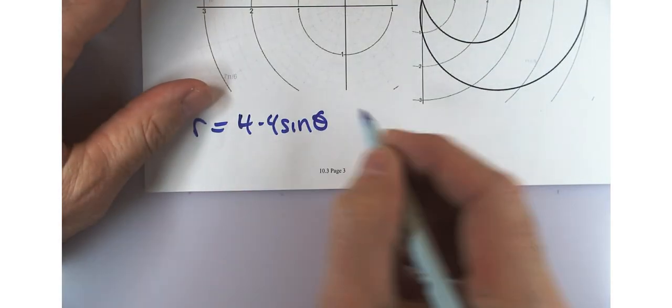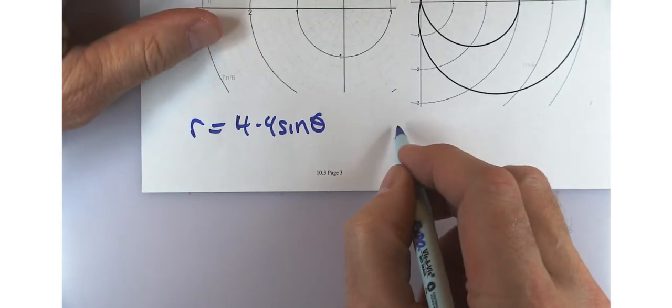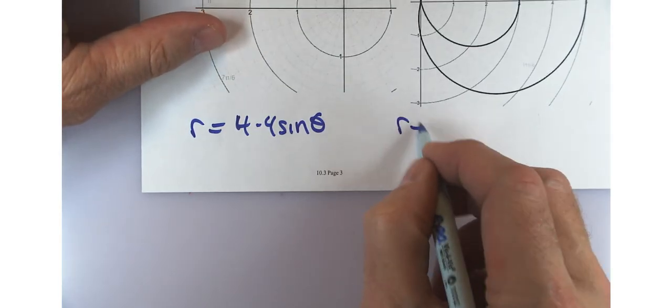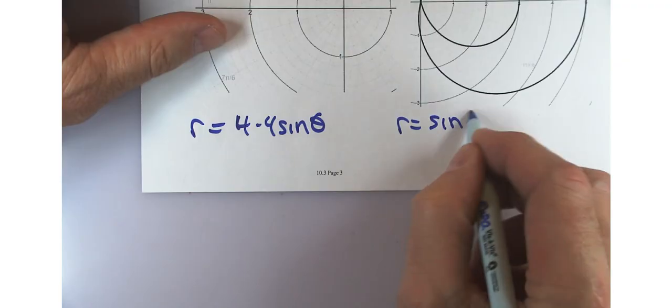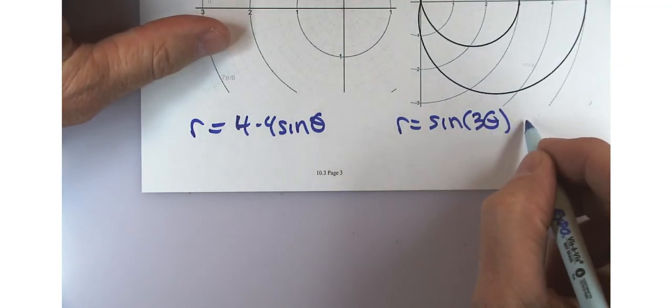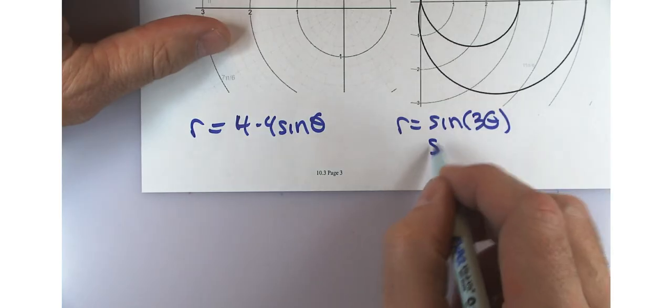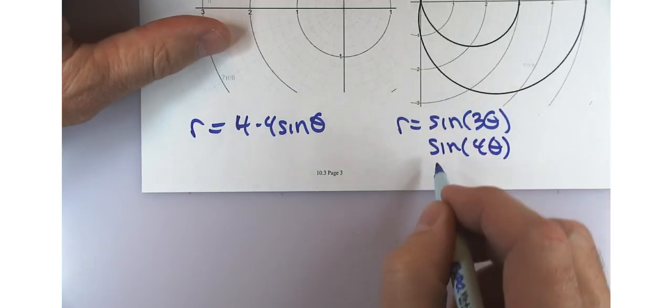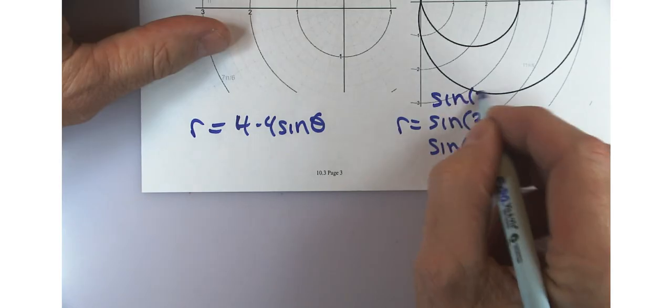And then I'll graph a couple other ones here that are kind of interesting. R equals sine of 3 theta, sine of 4 theta, sine of 2 theta.